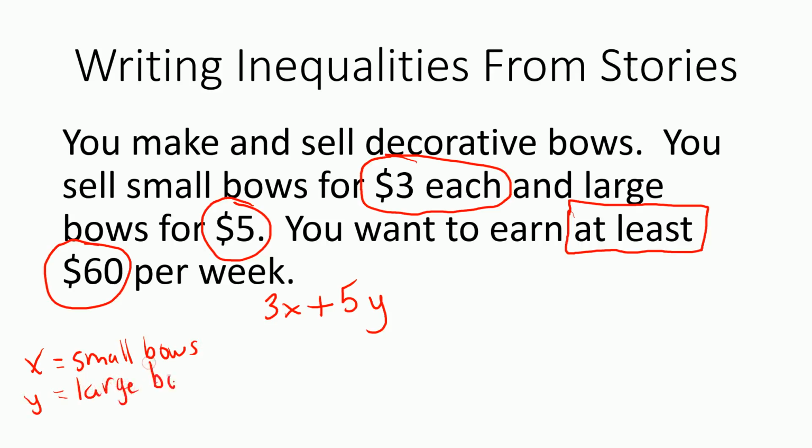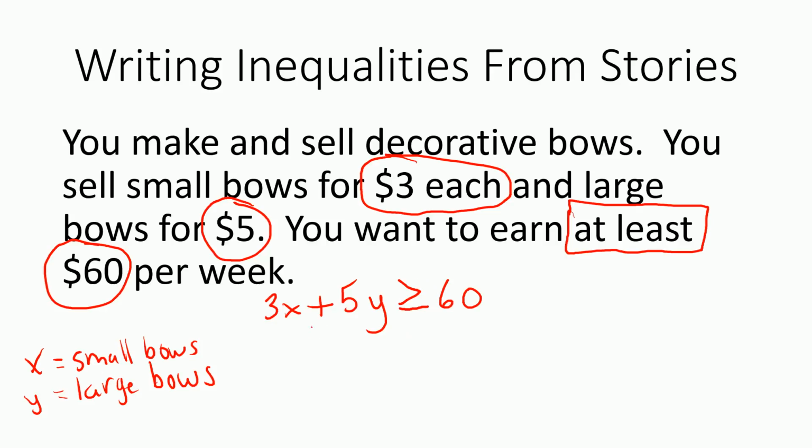So the total is the sum of the two, and that's going to be related to 60, and we want to earn at least 60, which means 60 should be the lowest we have. And if 60 is the lowest we have, then certainly we want this to be greater than 60, but because we say at least 60, 60 could be a possibility, so we'd say equal to as well. So our whole linear inequality is 3x plus 5y is greater than or equal to 60.